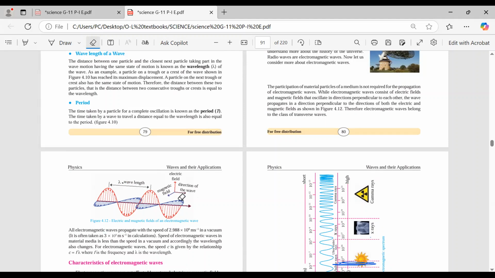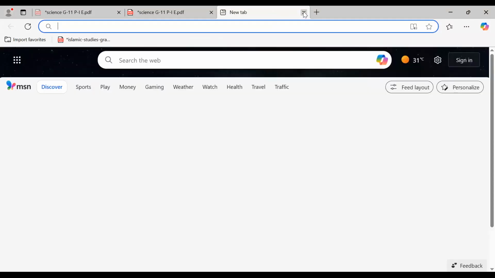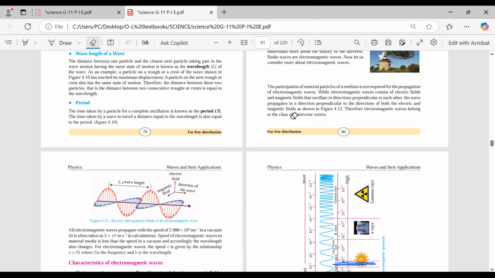All of these three, inshallah, in part 2, grade 11, you will be learning about Fleming's left hand rule. There you're supposed to place your hand, wait, let me show you.